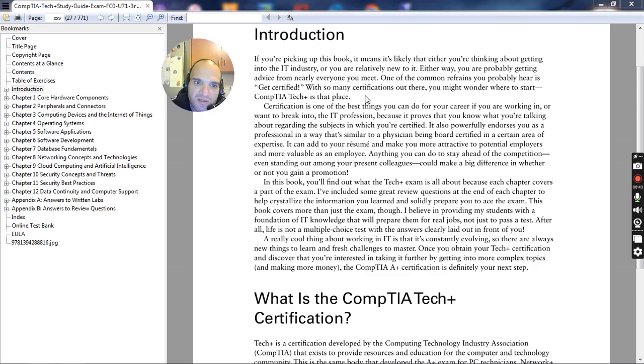Maybe yes, maybe no. Maybe it's true, maybe it's false. One of the common refrains you probably hear is get certified. Okay, this is good practice. With so many certifications out there, you might wonder where to start. And CompTIA Tech+ is that place. Let's move on.